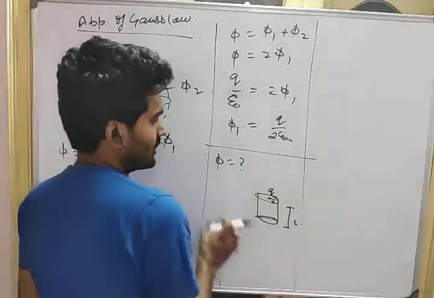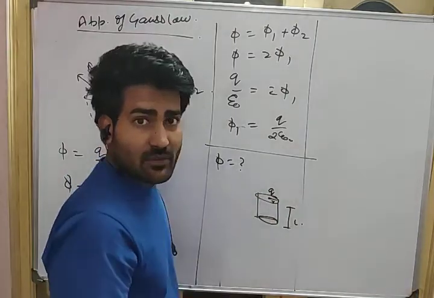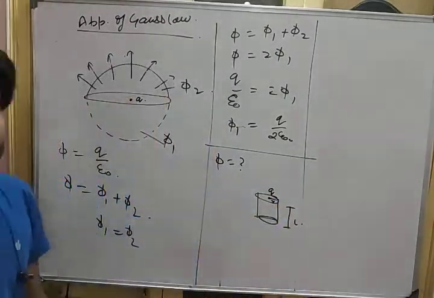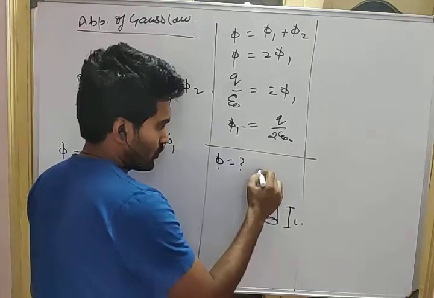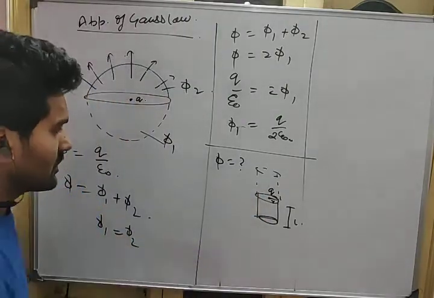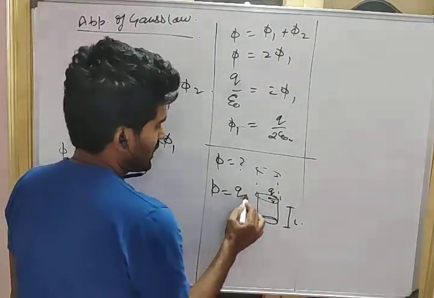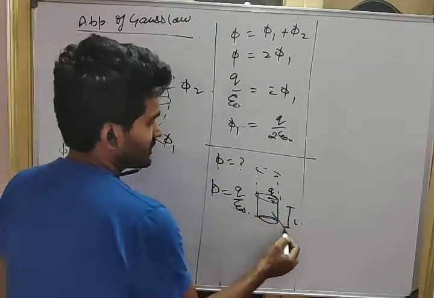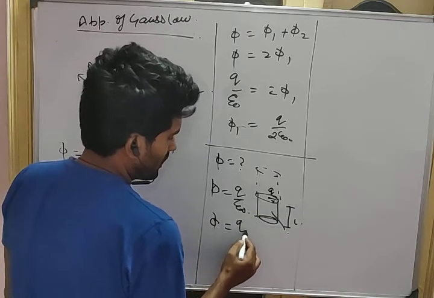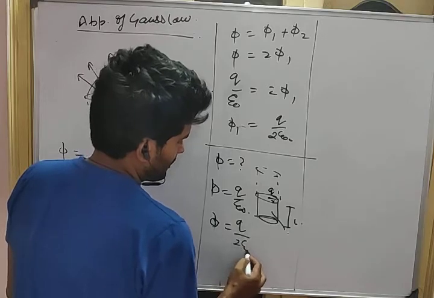We know that it is a 3D geometry, but the charge is not kept at the center. So what we will do is make one full cylinder. Now the flux leaking out of this is Q by epsilon, but as it is a half surface, the flux leaking out of this surface will be Q by 2 epsilon, right?